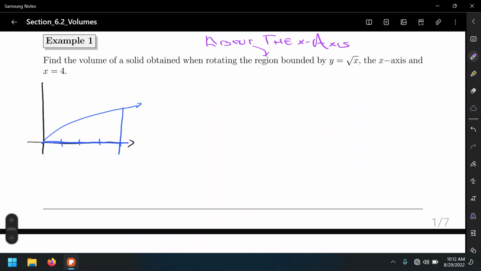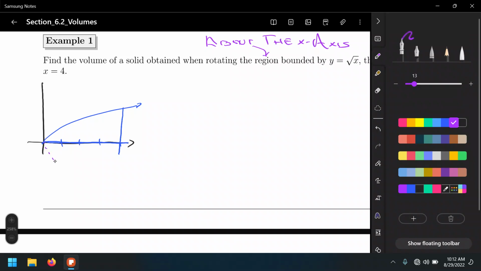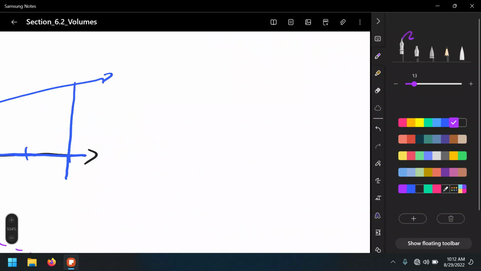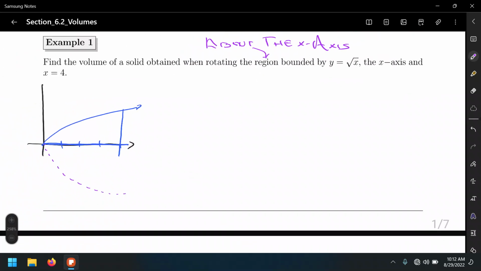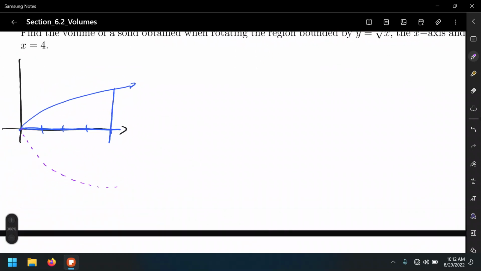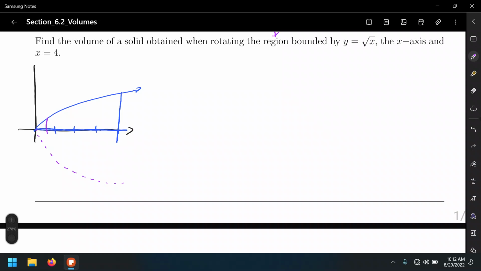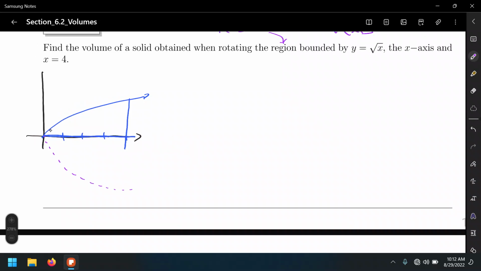All right. So when we rotate this, okay, that's fine. We're going to get this solid right here. All right. Going to get that solid of revolution.